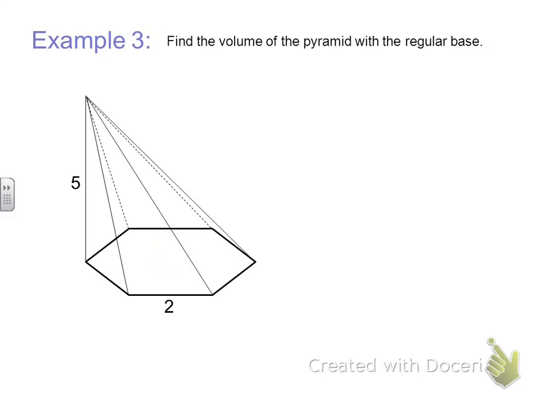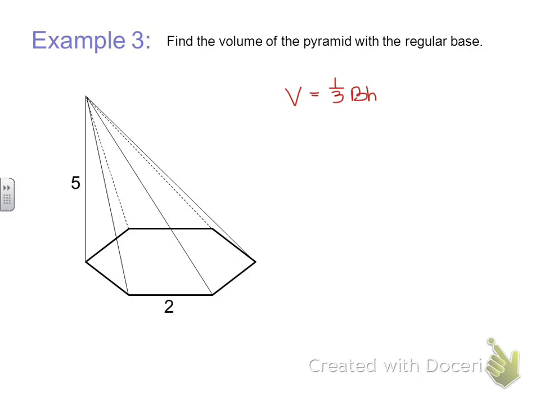Okay? So when you're finding the volume for a prism or a pyramid that has a regular base, what formula are you using? Volume equals what? 1/3 of the base times the height. So that's the very first thing you should be putting on your paper. I am only teaching you these two formulas today.